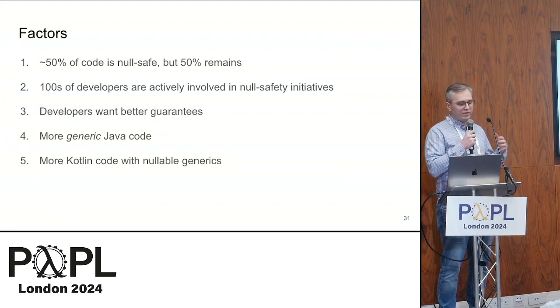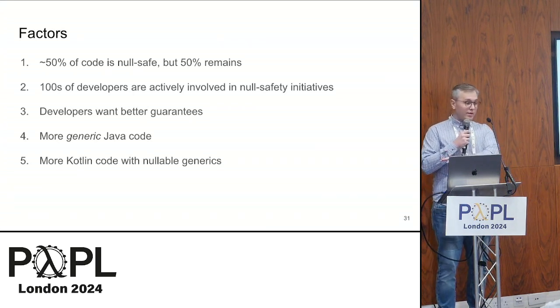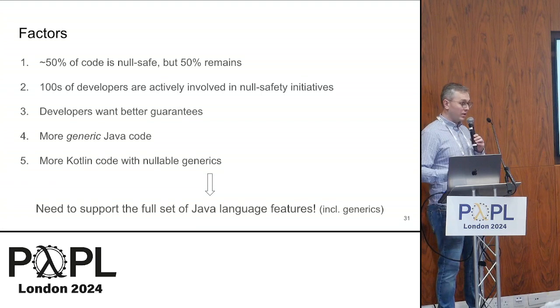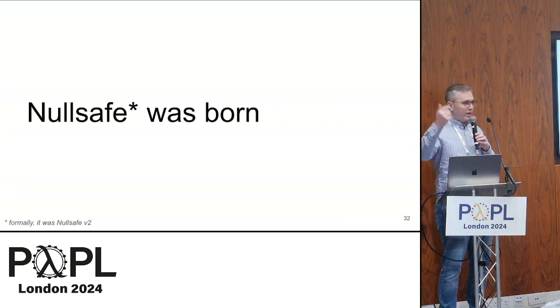And also, developers started writing more generic Java code, more sophisticated code. They wanted better guarantees. And we also started getting more Kotlin code with nullable generics. So at that point, it became clear that we need to support the full extent of Java language features, including generics. And this way, Nullsafe was born.